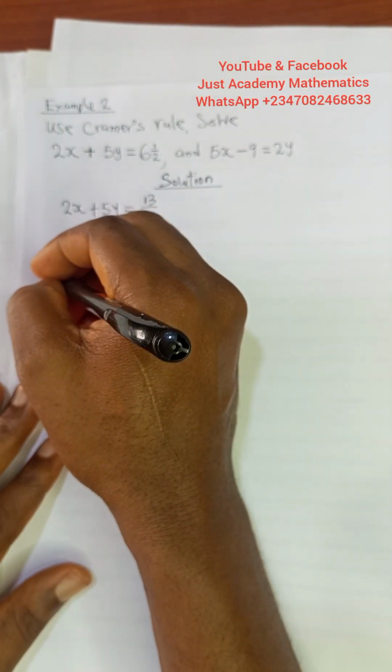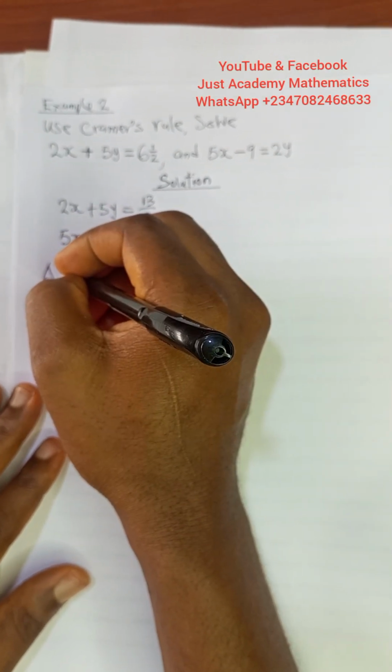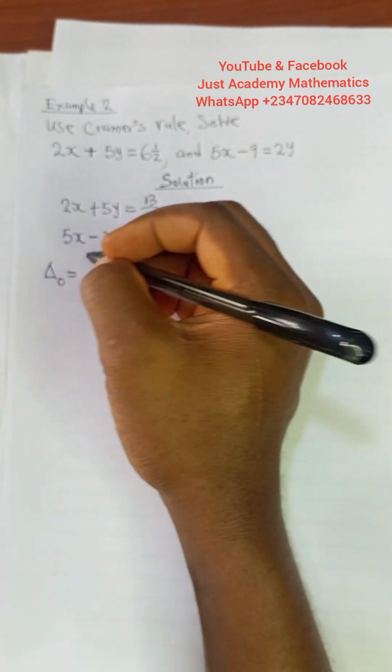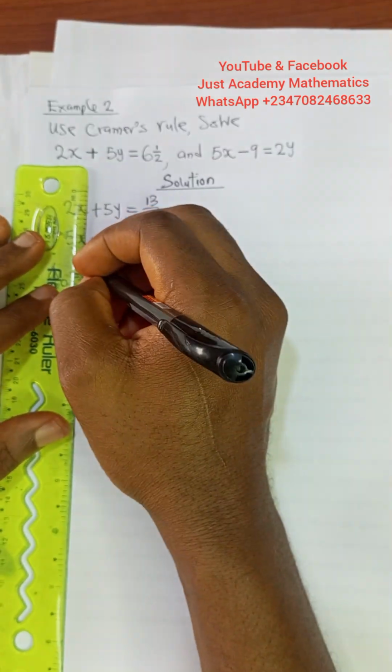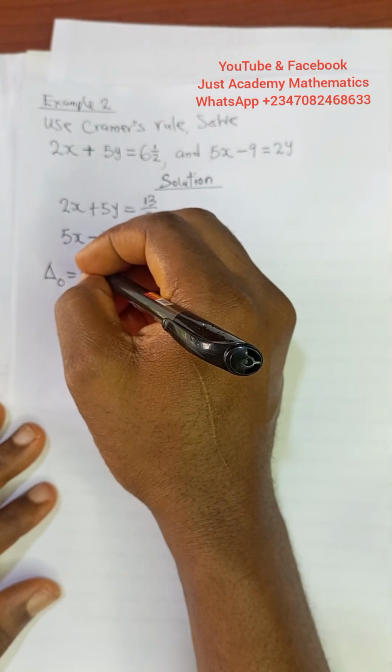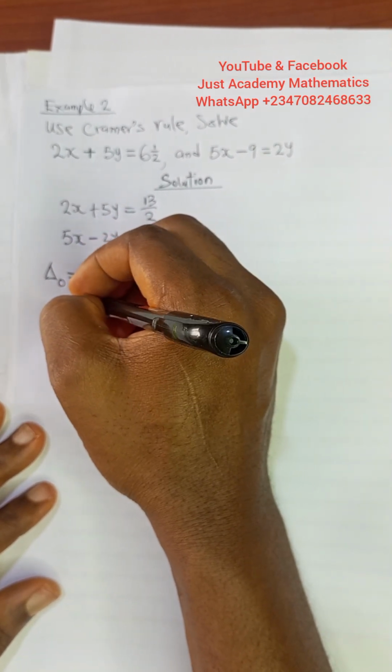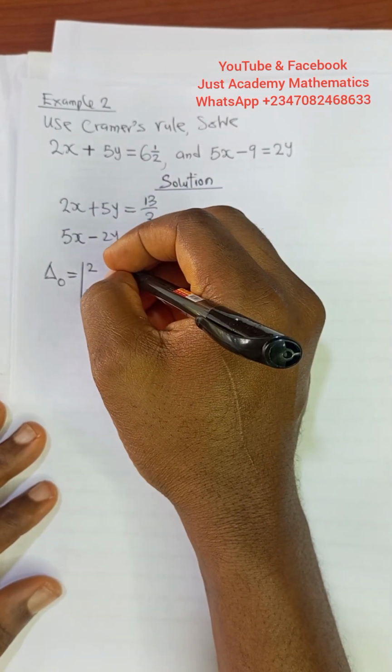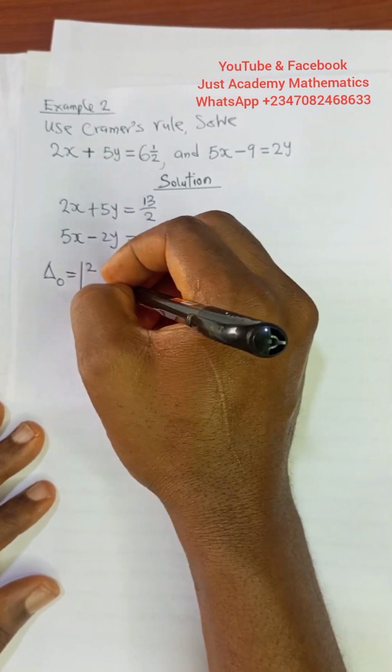We'll go for change in 0 again. What is change in 0? Change in 0 is the determinant of the coefficients of x and y. What is the coefficient of x here? 2 and 5. What is the coefficient of y here? 5 and minus 2.